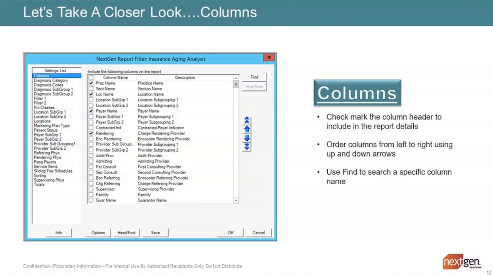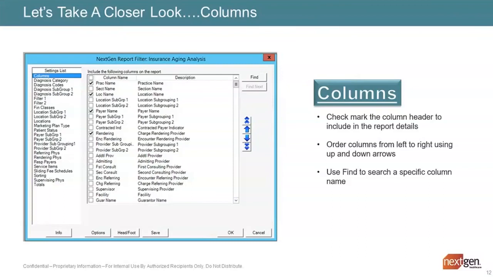If you let your eyes shift to the right, you're going to see solid blue arrows up and down, and double blue arrows up and down in the middle of the slide. What this will do is prioritize your columns for your report. You're going to see it from top to bottom, which will determine the order of the columns on your report from left to right. So in this order, you're going to have on your report from left to right, practice name, location name, payer name, rendering.